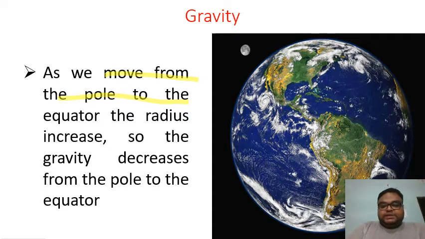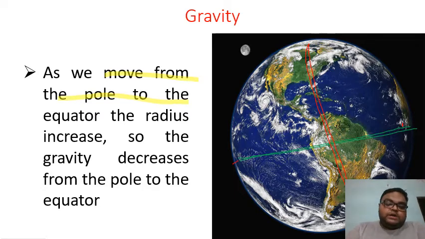With the green line I am drawing the equator, and with the red line I am drawing the lines connecting the pole, or we can say the axis. The length of the green line, the equator, will be more as compared to the red line.